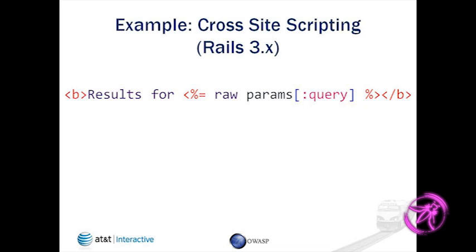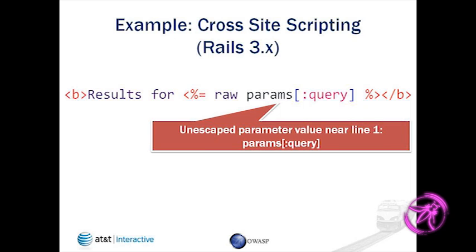So in Rails 3, you would actually have to do a little bit more work and say, please output this without escaping it. So if you were to run Brakeman against code like this, you would get a warning like this. Unescaped parameter value, you get the line number, and then you get the code as Brakeman would see it.